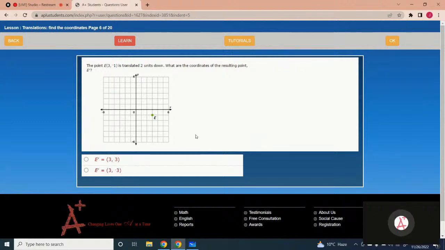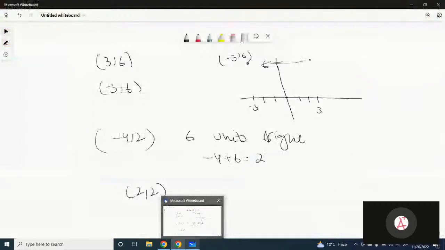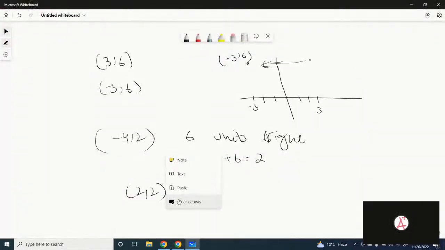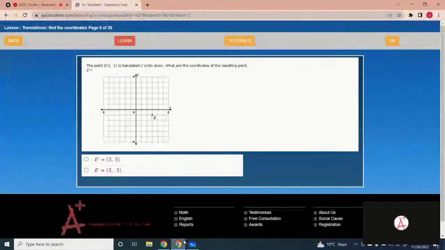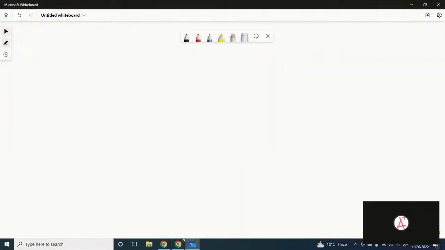Okay, the next one is the point E, 3, -1 and translated 3 units down.